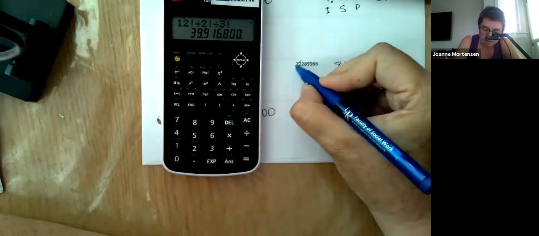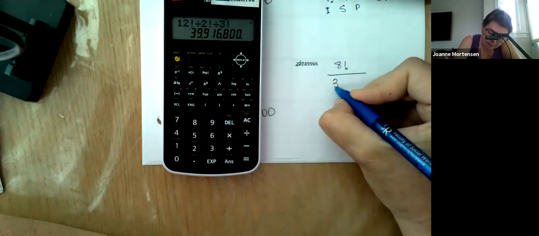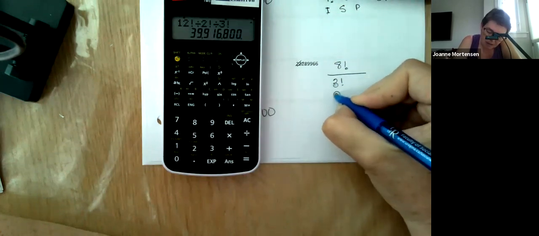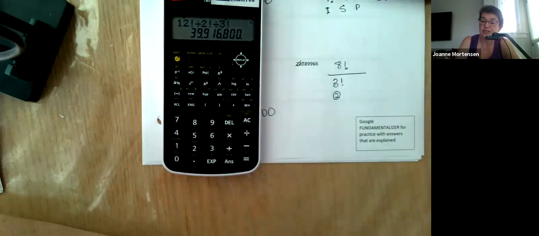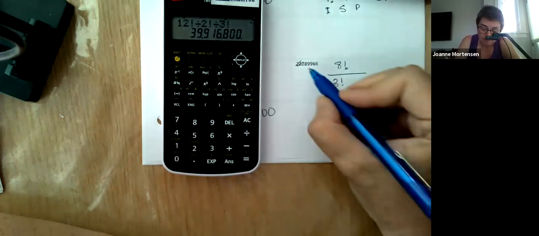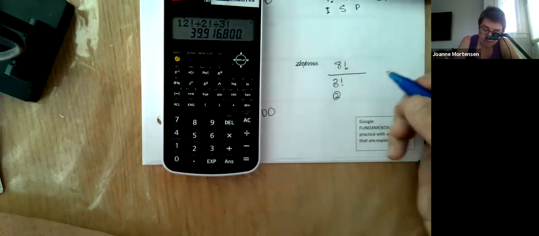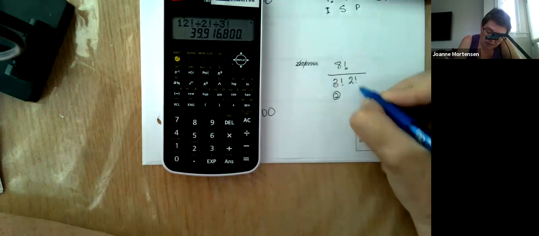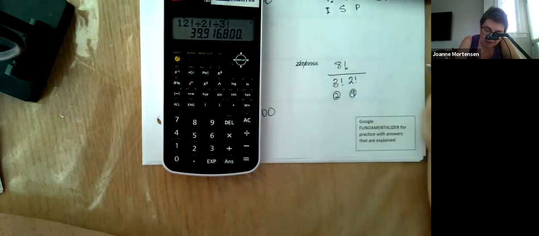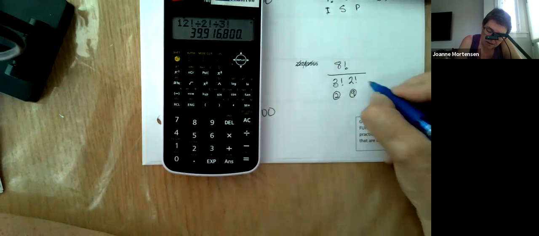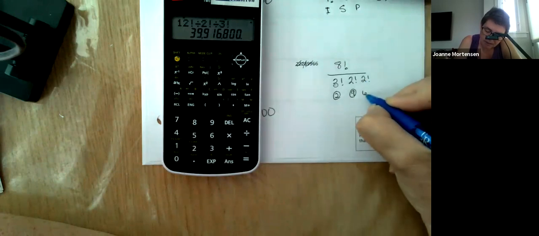Now I've got 3 2s. I'm going to circle it just so I don't start trying to calculate that later. And then there's an 8. And then I've got 2 factorial for my 9s. And 2 factorial for my 6s.